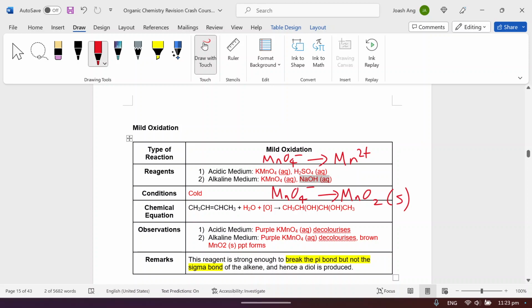So just take note that if you use an acidic medium, the change in oxidation state is from +7 to +2, so a change of 5, whereas in alkaline medium it goes from +7 to +4, it's only a difference of 3. So you can see how using different mediums, either acidic or alkaline, can cause different changes in oxidation state between the two species.